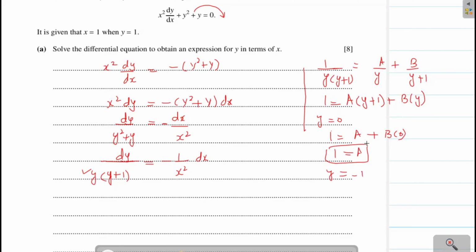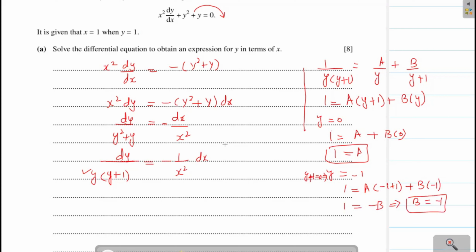We take y plus 1 equal to 0, therefore y equal to minus 1, and this value gives 1 equal to a(minus 1 plus 1) plus b(minus 1). Therefore, minus b equal to 1 and b equal to minus 1.